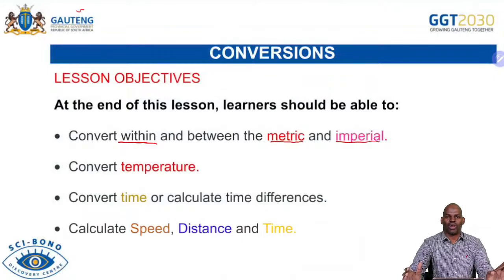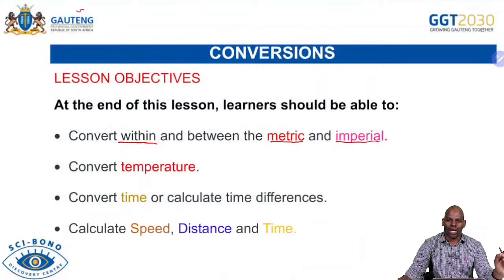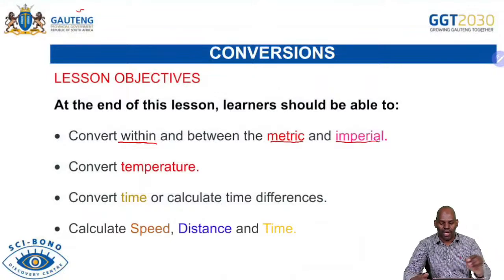Then we also have conversion between metric units and imperial units. For instance, if you have to convert from inches to centimeters, miles to kilometers, or gallons to liters, there we're talking about conversion between metric and imperial units.